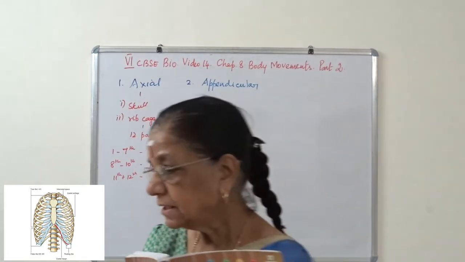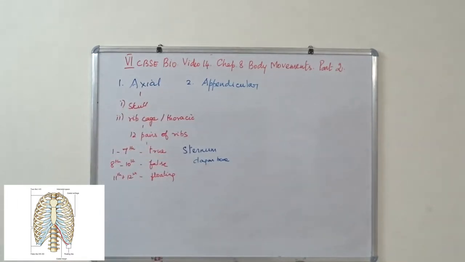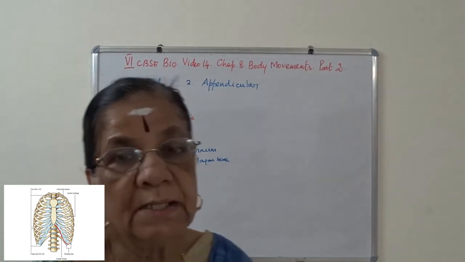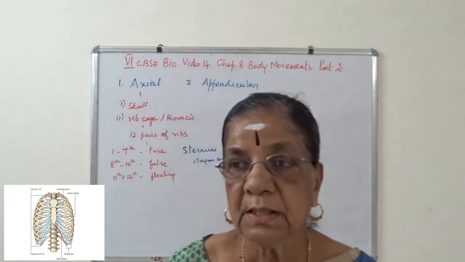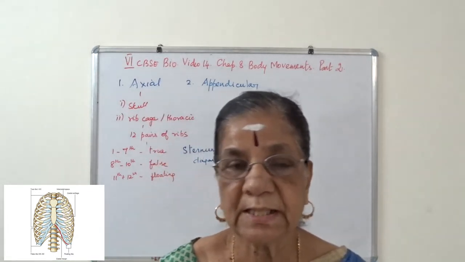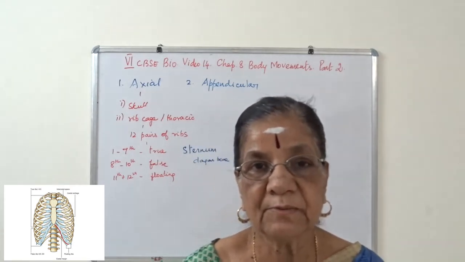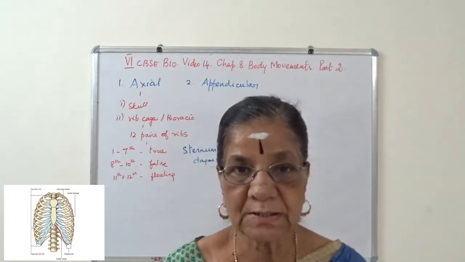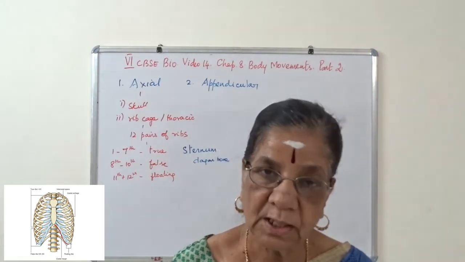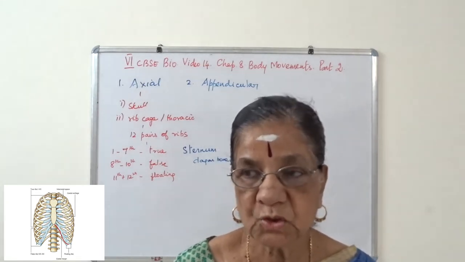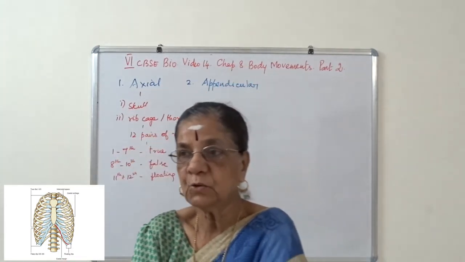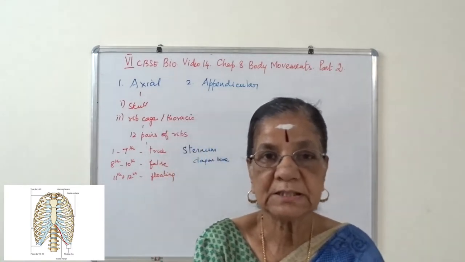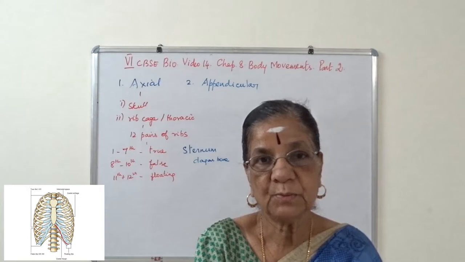We say there are 206 bones in a human. A newborn child has around 300 bones, but when the child grows into an adult, most of the smaller bones fuse, and totally an adult human will have 206 bones. I hope you remember that.